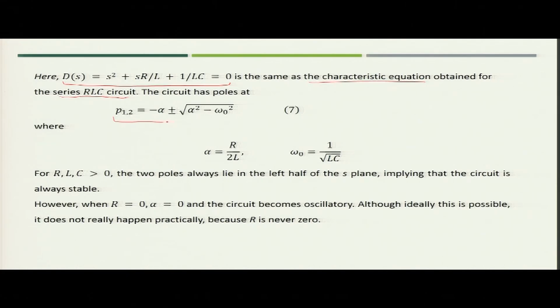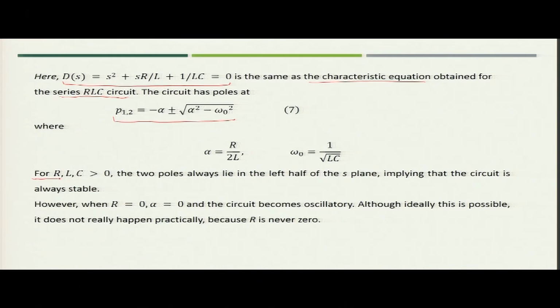So, we can say that the roots of the denominator expression will have the value p1,2 is equal to minus alpha plus minus root of alpha square minus omega naught square, where we also stated that alpha is equal to R by 2L and omega naught is equal to 1 by root LC.